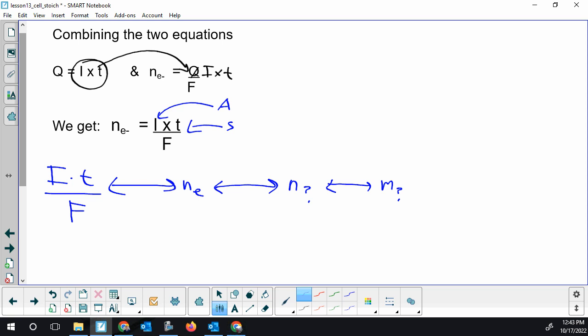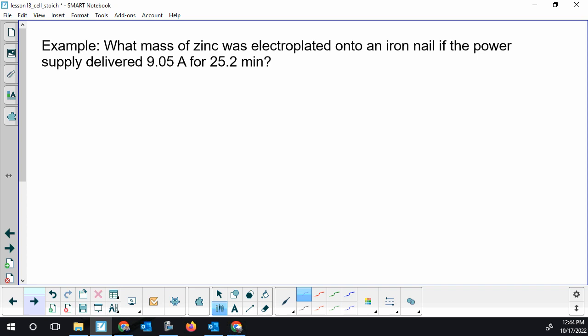So next is an example that I'm going to do, and then after that, there's an example that you're going to work on. So this is what a test or quiz question might look like.